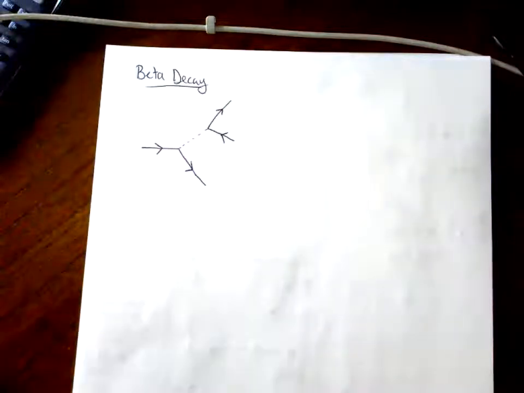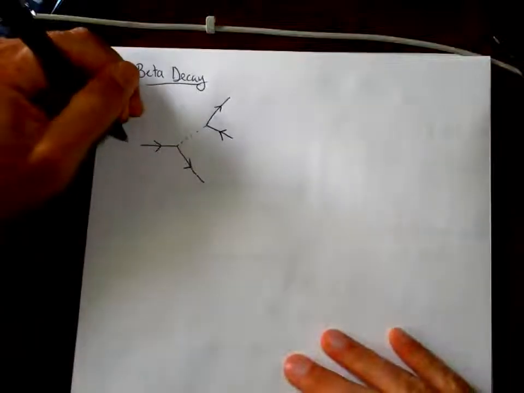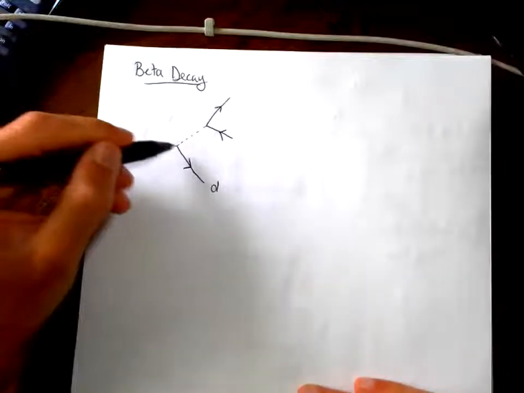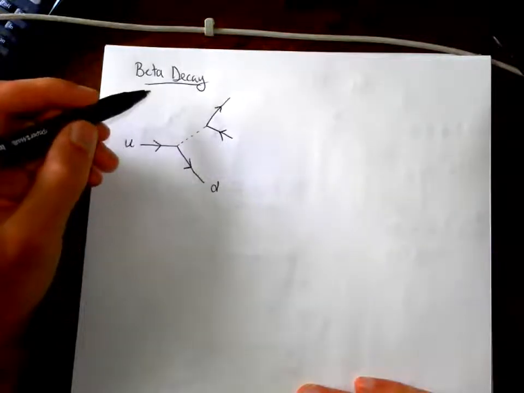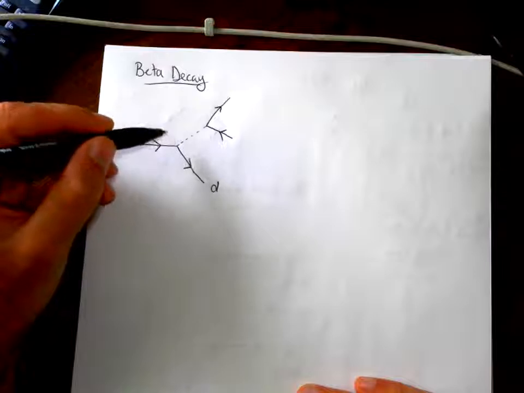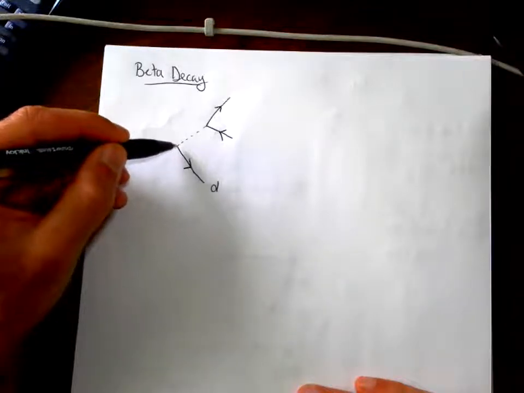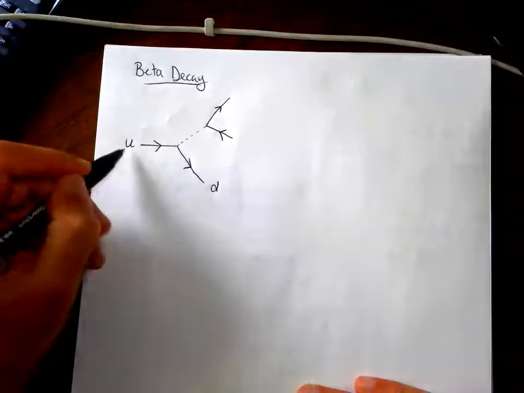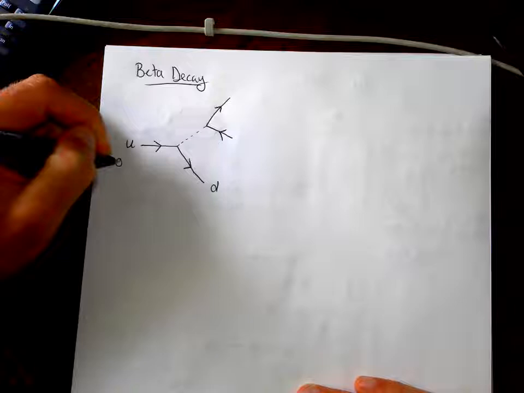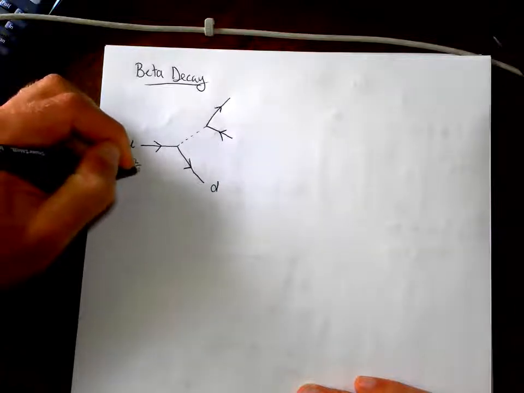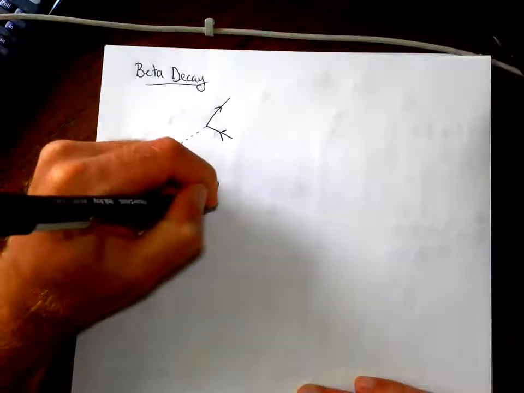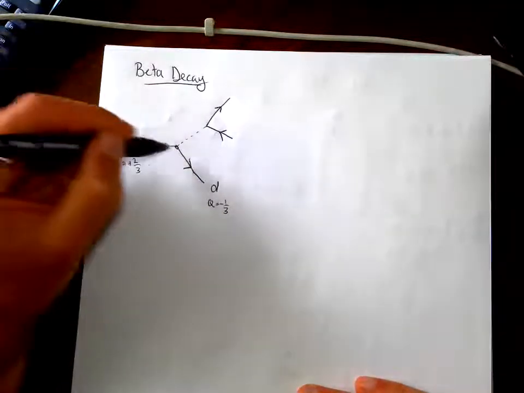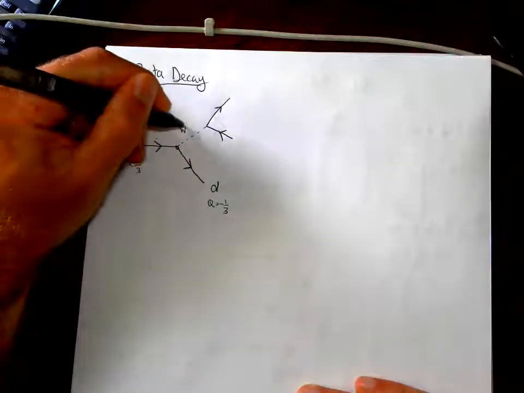So what we have here is an up quark becomes a down quark. So what force carrier would this be? Well, if we look at the up quark, it has a charge of +2/3. And if we look at the down quark, it has a charge of -1/3. So in order to conserve charge at the vertex, this would have to be a W+.